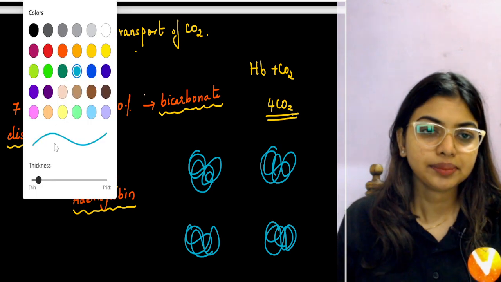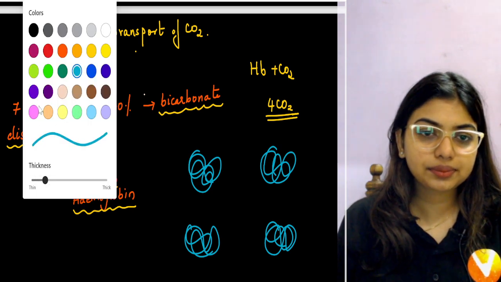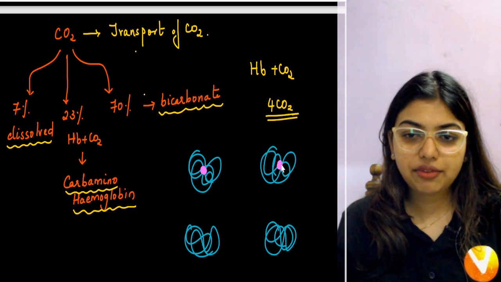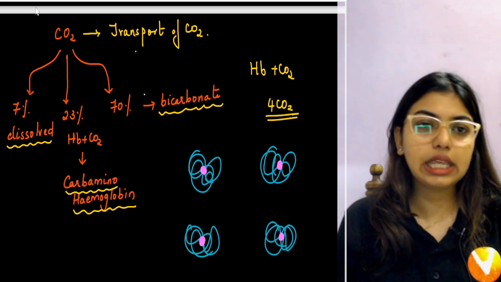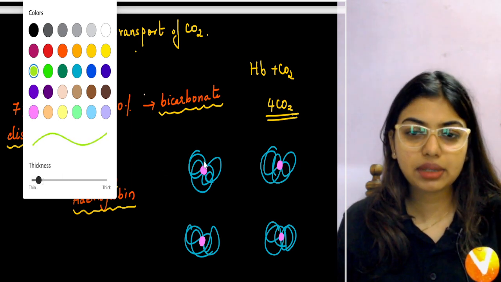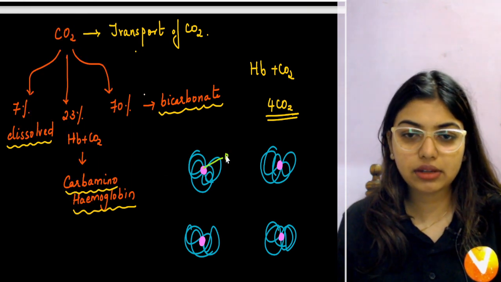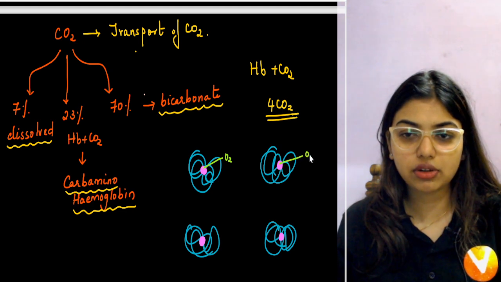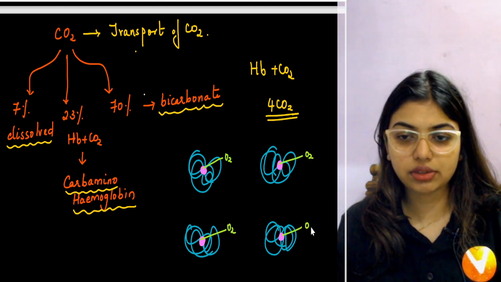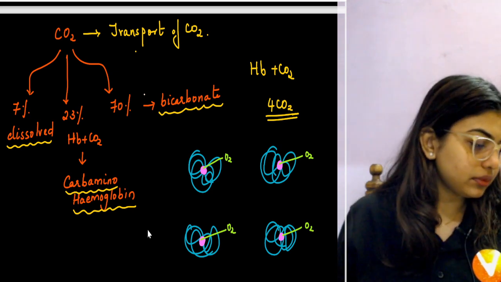Now, in this hemoglobin chain, there are Fe ions, which are going to help in the binding, the heme group. Each of them can bind, here also an oxygen, here also an oxygen, here also an oxygen, here also an oxygen. Got it, all of you?